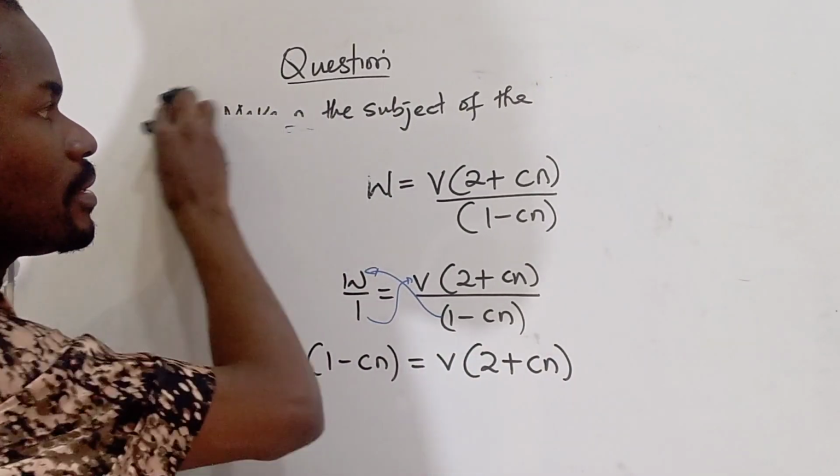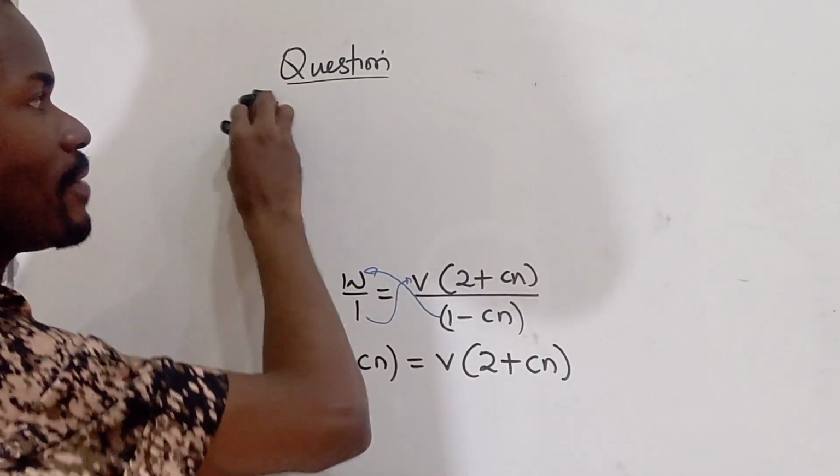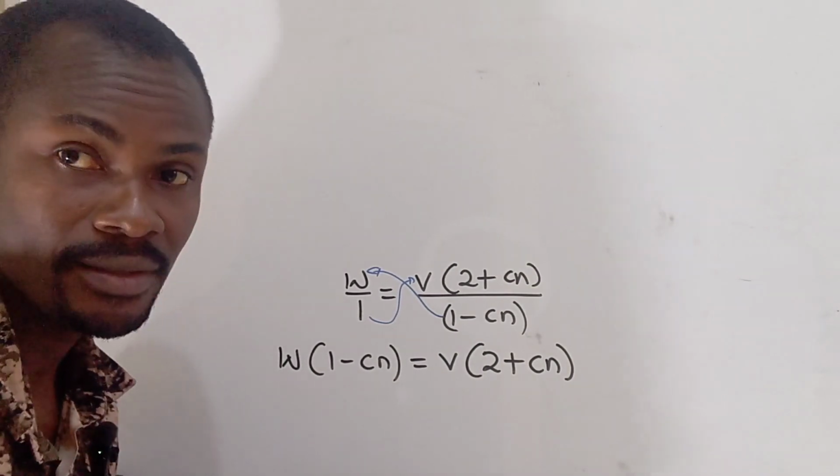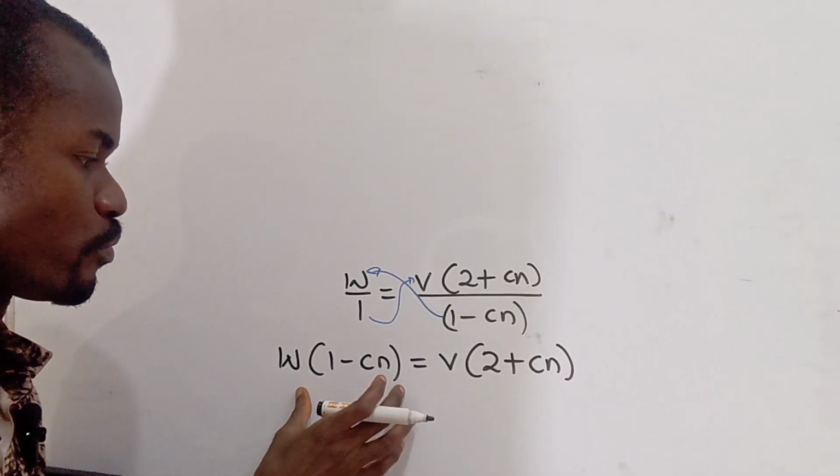Now our next step is what? We can observe that there are brackets, right? And our goal is to make n the subject, so we can open brackets.